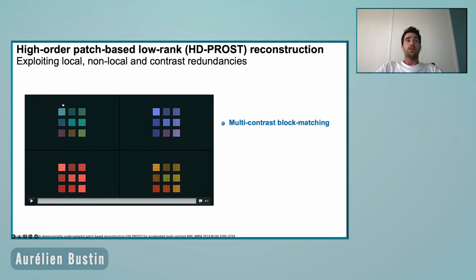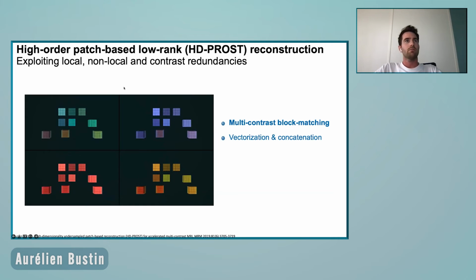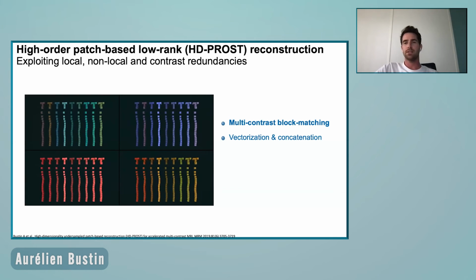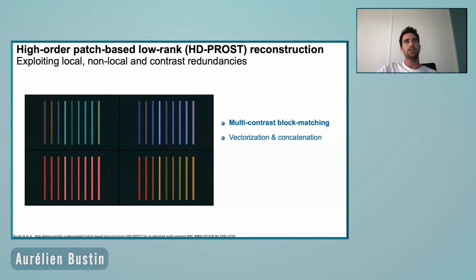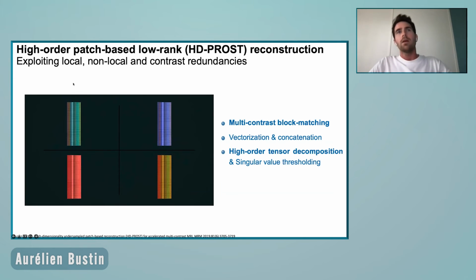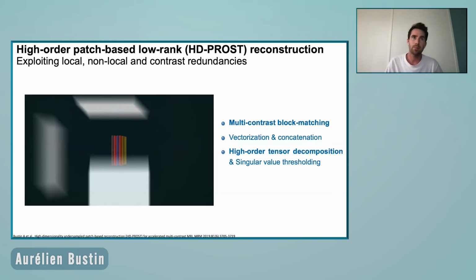Once you've found the similar patches, you just vectorize them. You put all the pixels in one column and you build these matrices. So you now have 4 low-rank matrices because the patches are similar, so the only difference will be the noise. And then this is the most important part.